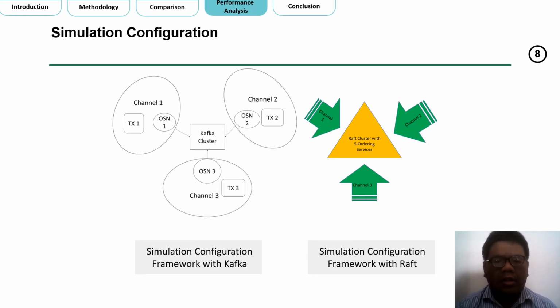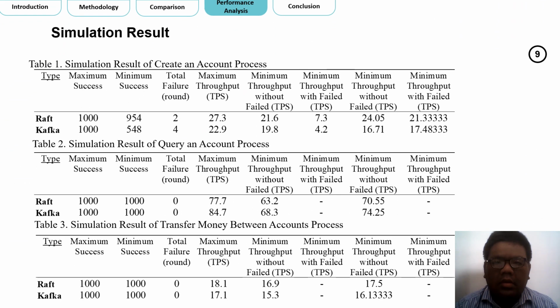This is the simulation configuration framework with Kafka and Raft. Now, in the simulation result, on the create an account process, Raft has a bigger possibility of success in making transactions compared to Kafka. This can be seen from table 1, in the number of rounds that have failed in a transaction and the minimum total number of successful transactions.